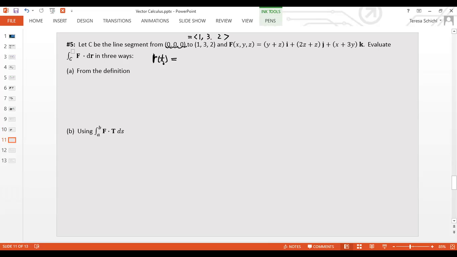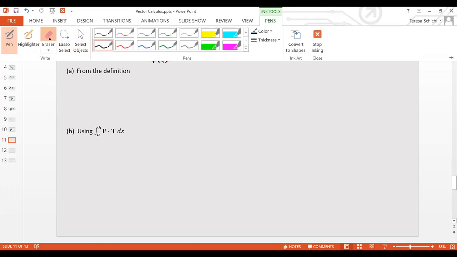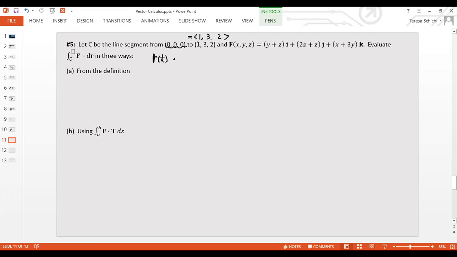So my r(t) will be: x is 1t, this is my i; then y is 3t, this is my j; and z is 2t for my case here, because I know the line.